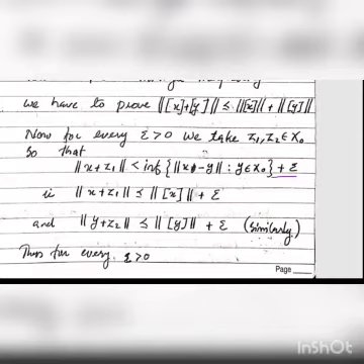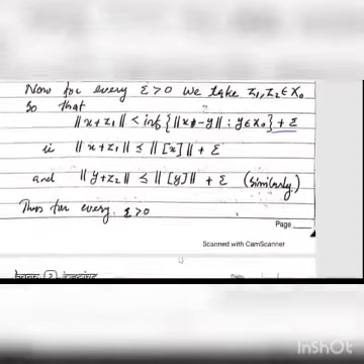Similarly, following the same definition of infimum, we can have numbers z1, z2 and an epsilon in this version. Then for every epsilon greater than 0, we can consider the norm of the equivalence class of x plus y. So by definition it is the infimum over z belonging to x naught of norm of x plus y plus z.